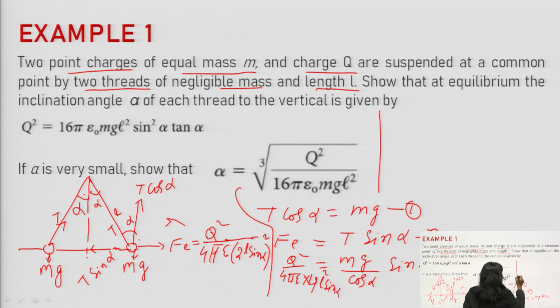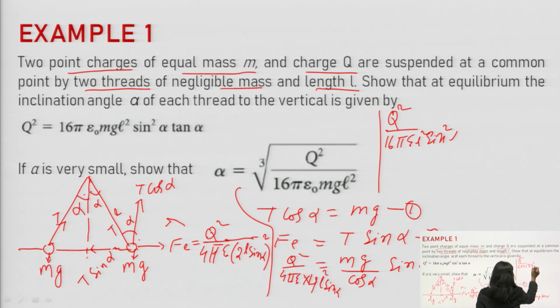Writing it fresh: q square by 16 pi epsilon L square sin square alpha is equal to mg tan alpha.